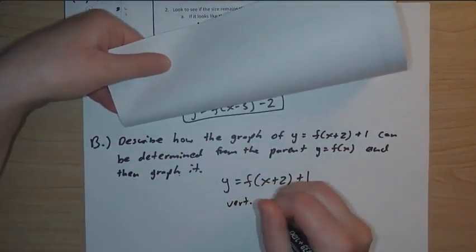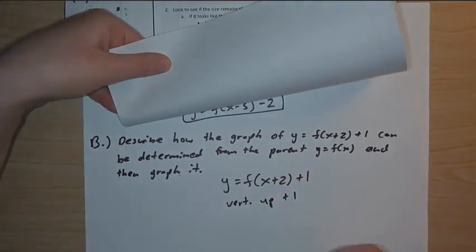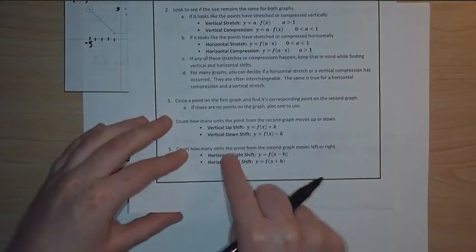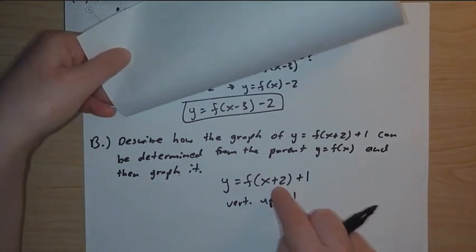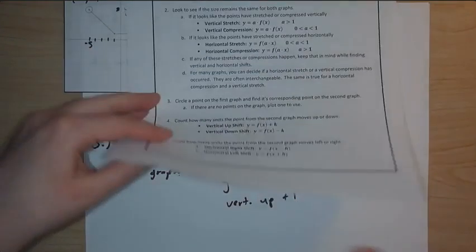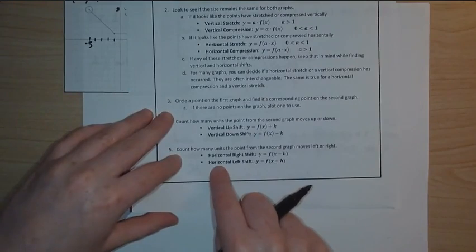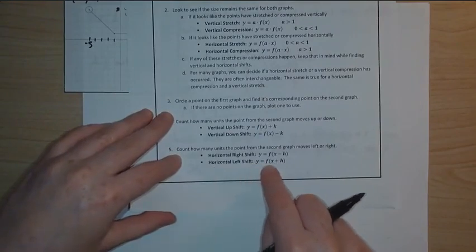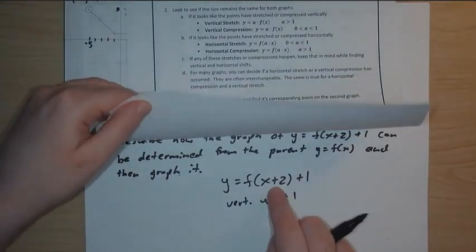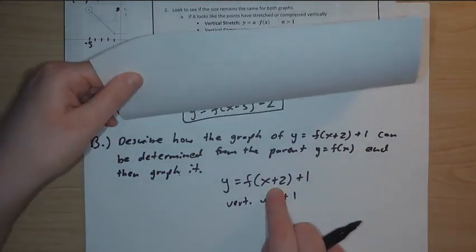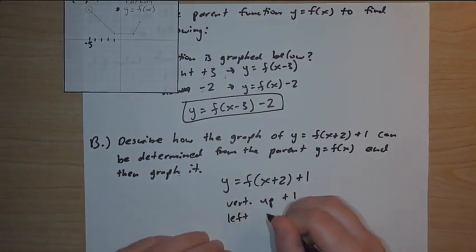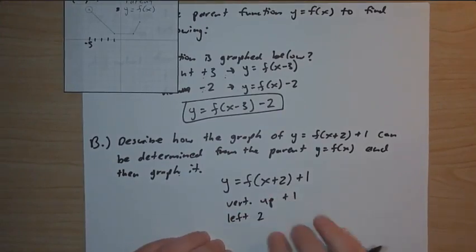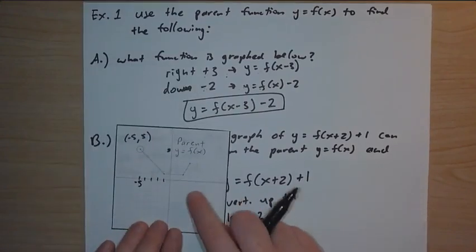So vertical up +1. And then we have something happening within the function here, +2. That's going to be some kind of horizontal shift. If we look for that pattern, we see a horizontal left shift, y equals f of x plus h, because there's a plus there. So we're going to move left 2 spaces. So we're going to go left 2. And that's how it's going to change from the parent function.